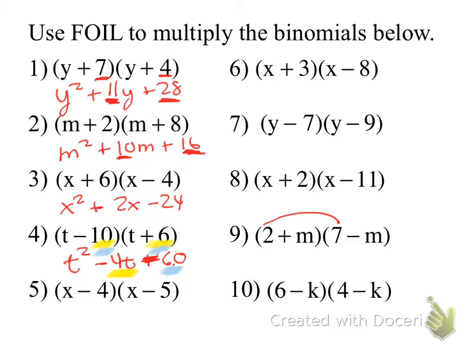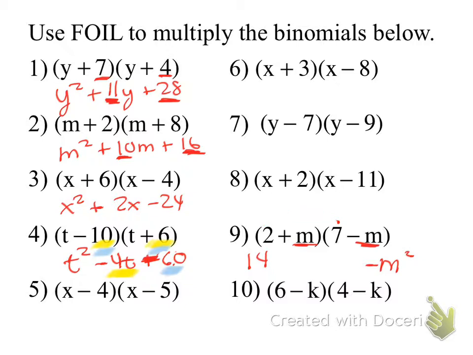Now, when do things get a little bit different? Notice my last term, when my product is going to be out of order. So this is going to be 2 times 7 is 14. So my constant term is here. This term, my m squared, is going to be here, and it's going to be negative, right? Now my middle term, it's the sum. But be careful.